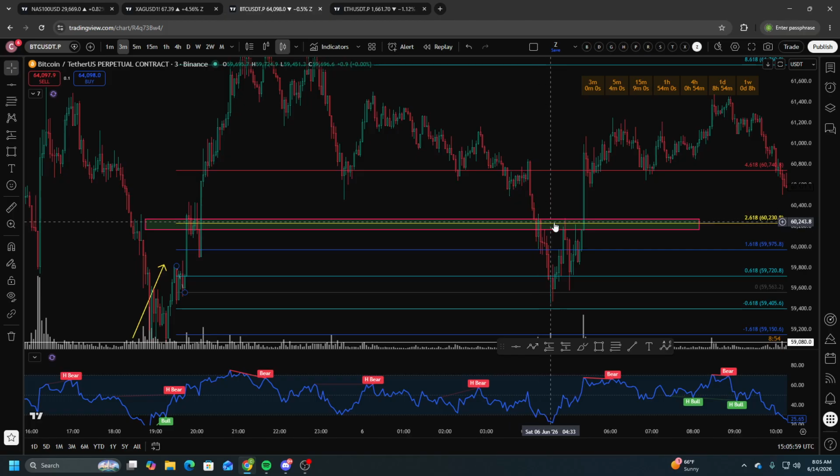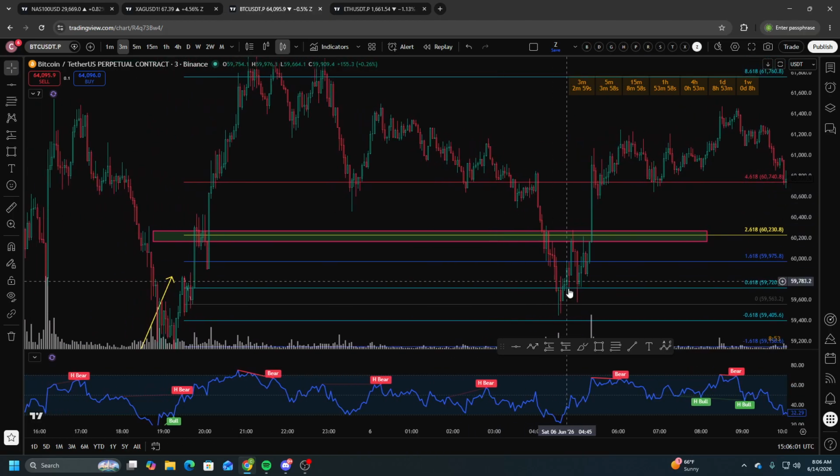And it also never tested the fib. So we pumped so hard here that we never came back down and retested this level. So this is an untested level, which acts as a magnet for price to come back to.